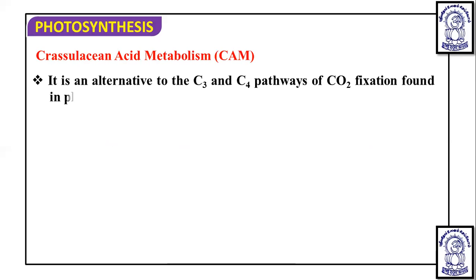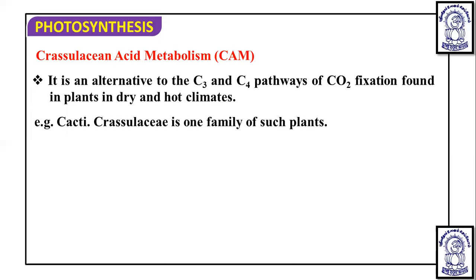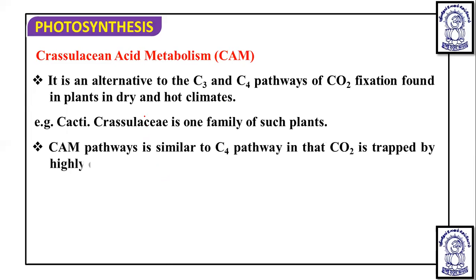And this crassulacean acid metabolism is an alternative to the C3 and C4 pathway. It is an alternative pathway to the C3 and C4 pathway of CO2 fixation. Okay. And it is found in plants in dry and hot climates. If we talk about the CAM plants, it is seen in plants like cacti. Crassulaceae is one family of such plants, and in this the pathway occurs. So the CAM pathway is similar to the C4 pathway in that CO2 is trapped by a highly efficient carboxylase.